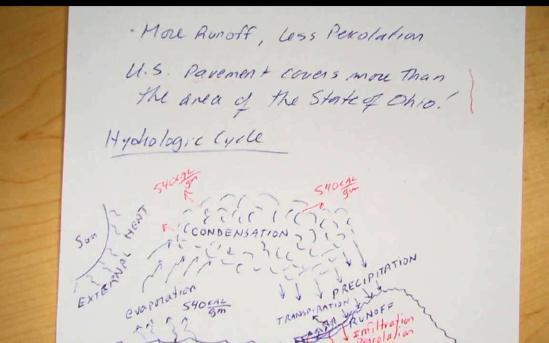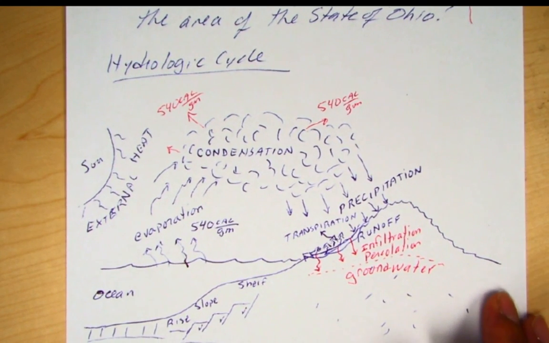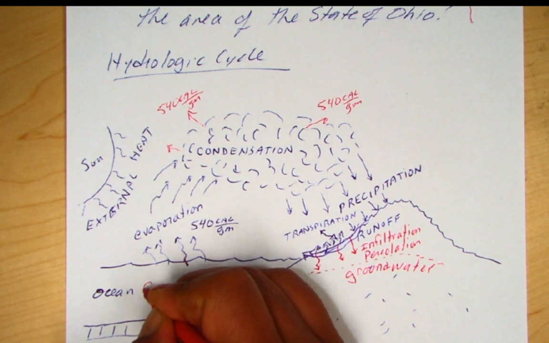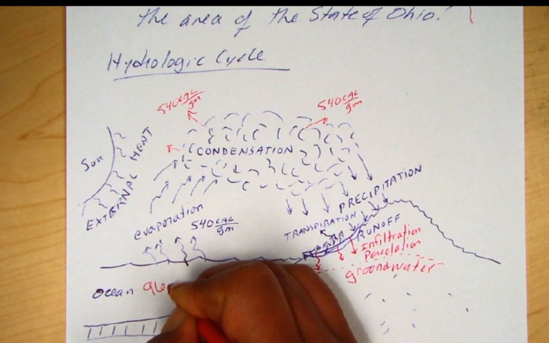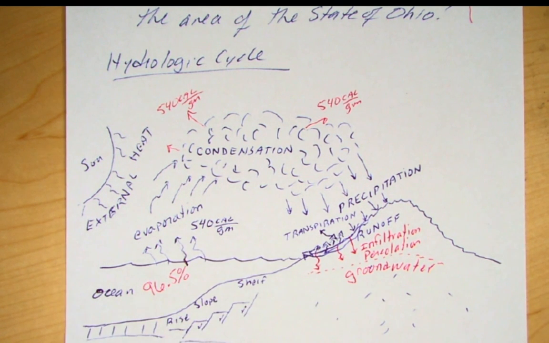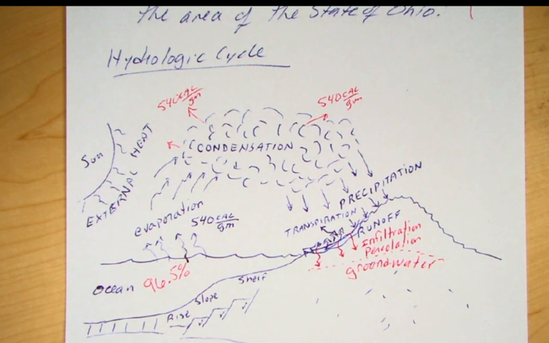Now let's look at the hydrologic cycle. The hydrologic cycle describes water moving between different reservoirs or regions on Earth. One of the largest regions on Earth is the oceans, and the oceans make up about 96.5% of all the water on Earth. That means only 3.5% of the water on Earth is fresh water.